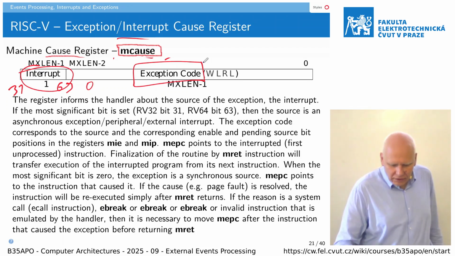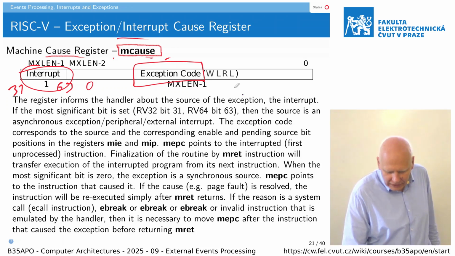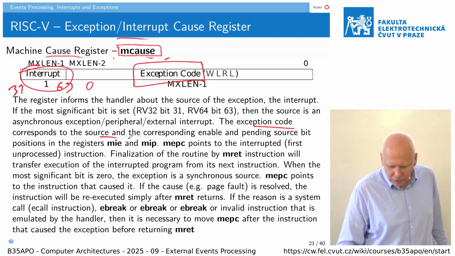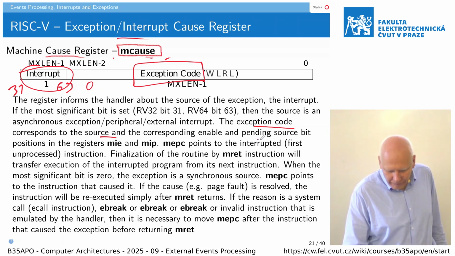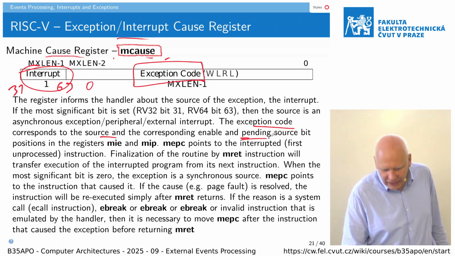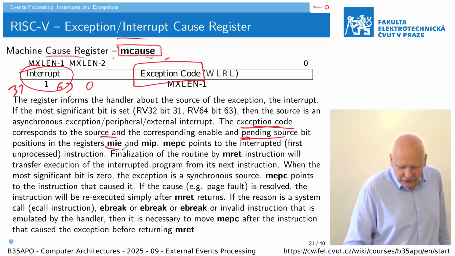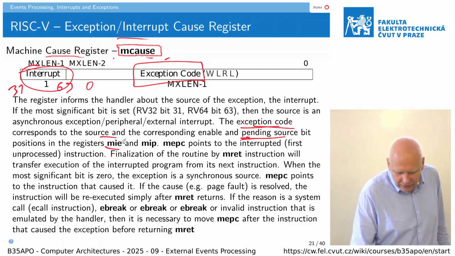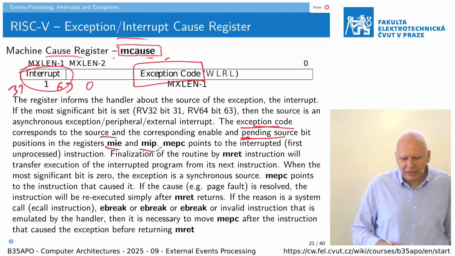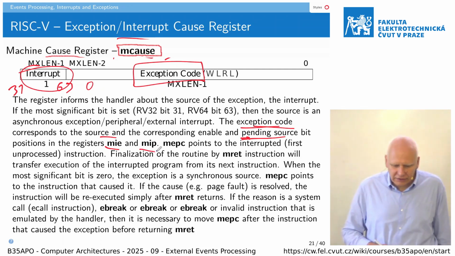And in the case of an external interrupt, this exception code corresponds to the pending source bit in the machine interrupt enable and machine interrupt pending registers.